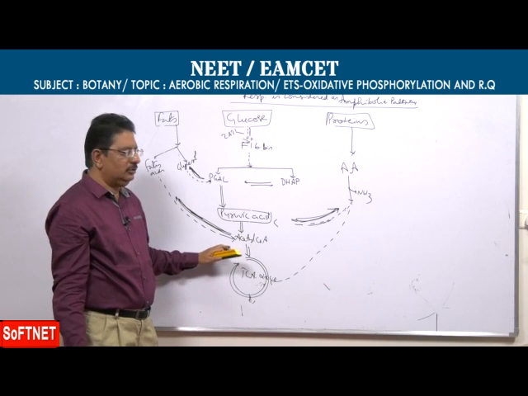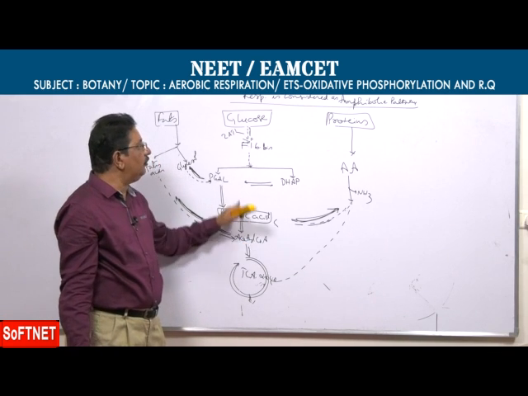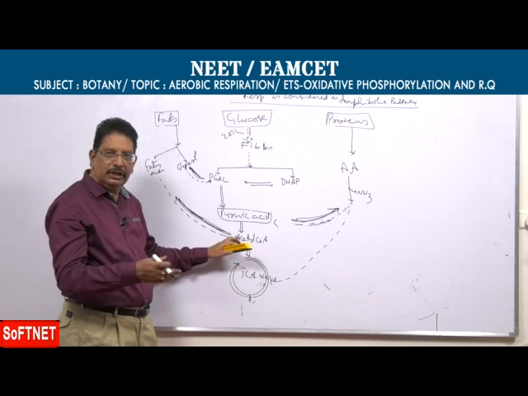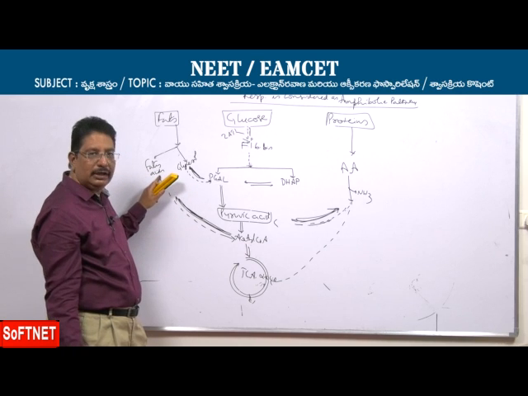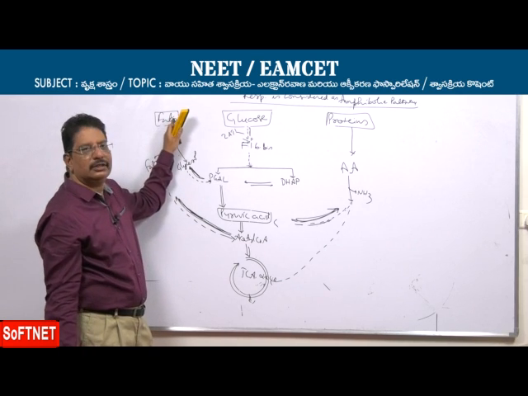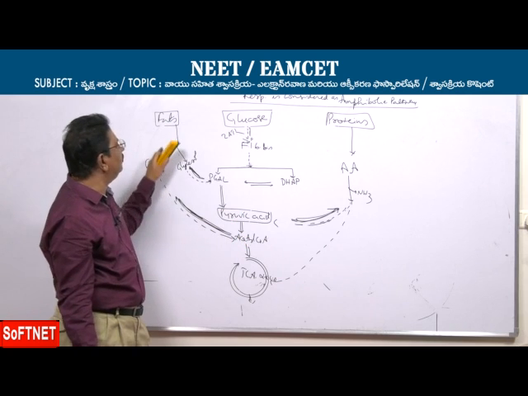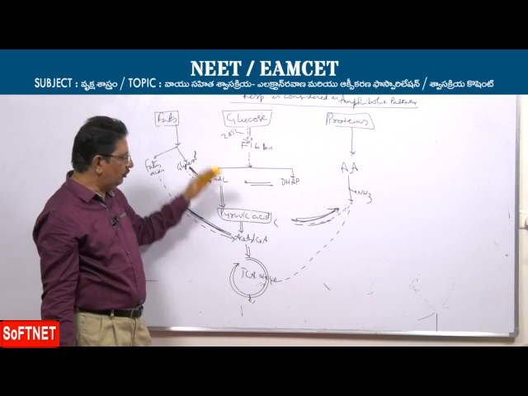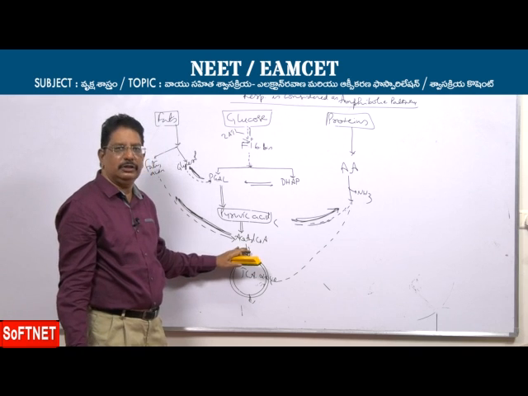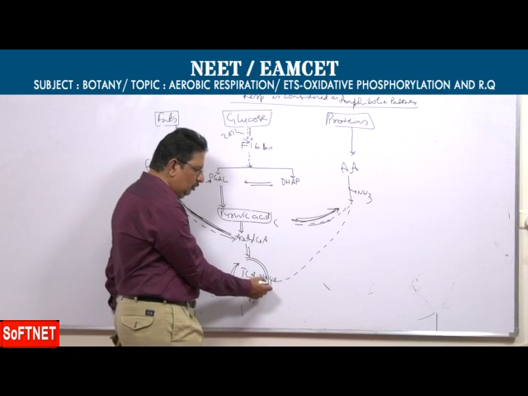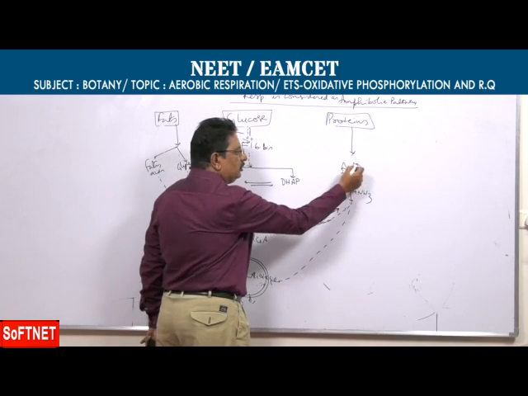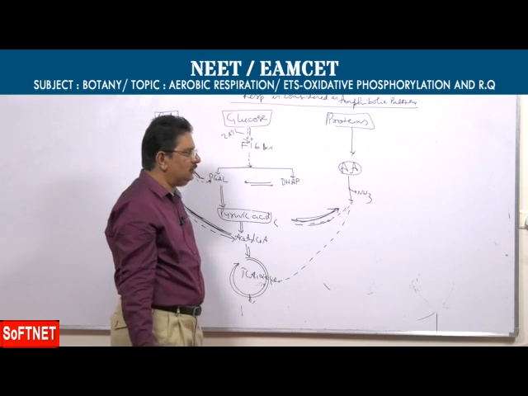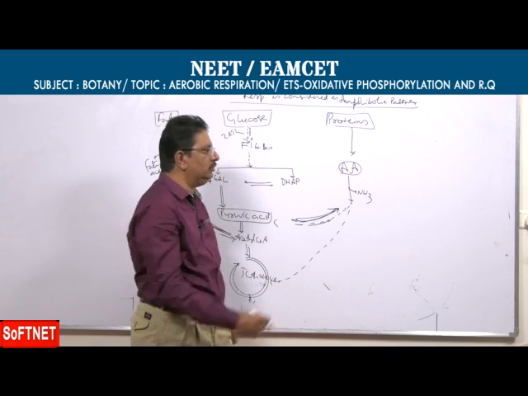But sometimes the acetyl coenzyme A formed in respiration may leave the pathway and be utilized in the synthesis of fatty acids, in turn fats. So, there is a construction of substances from a respiratory intermediate. And alpha-ketoglutaric acid, after taking ammonia, converts into glutamic acid, which takes part in proteins.